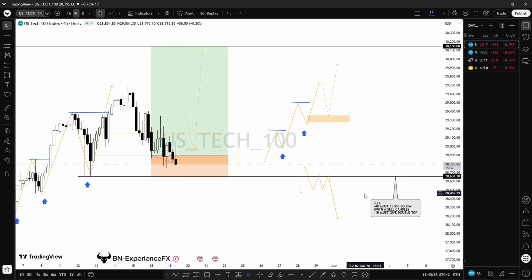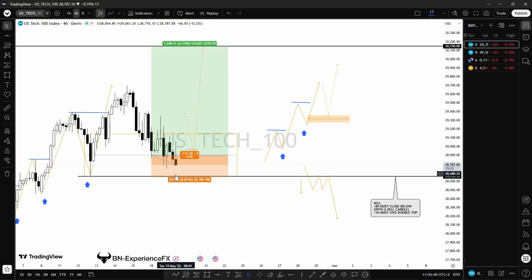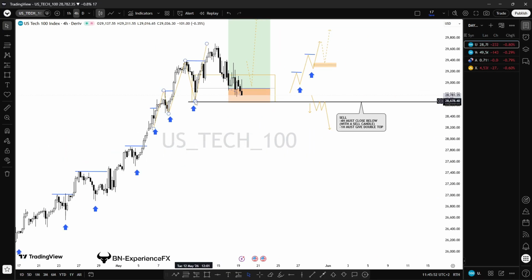If the 4 hour candle closes below here, like it breaks out like this and closes below, then that's something that starts signaling for us that maybe now it's time to look for sales to continue going down, because at the same time we did just break a higher low, right? And a higher low is a main thing that's holding this whole trend or this whole market structure together.